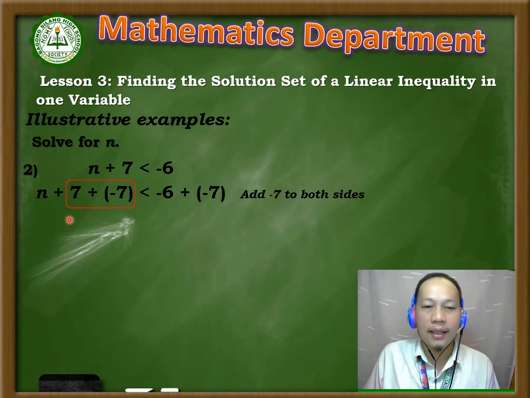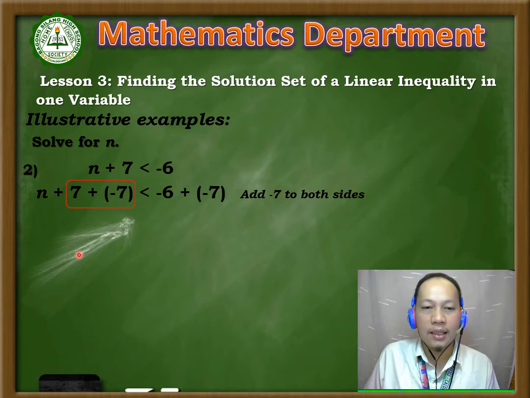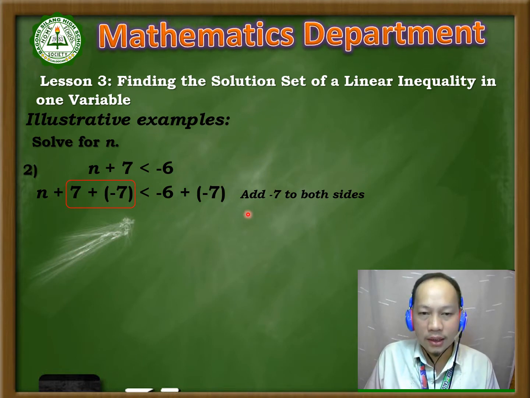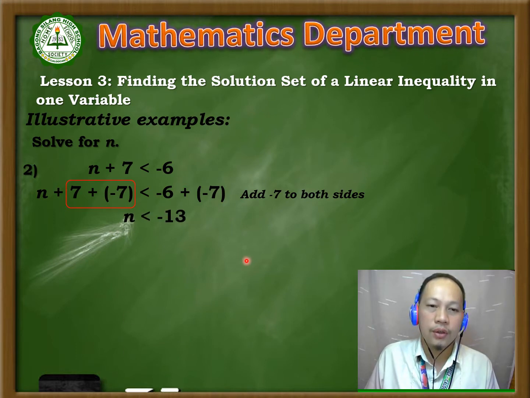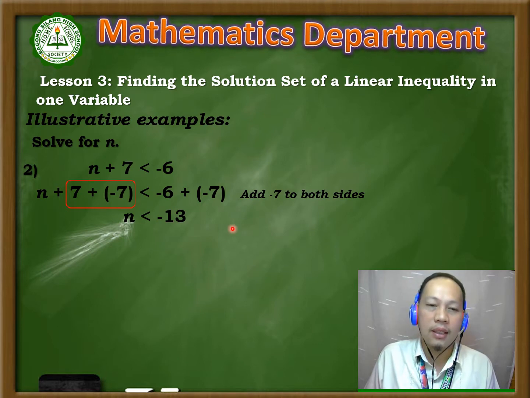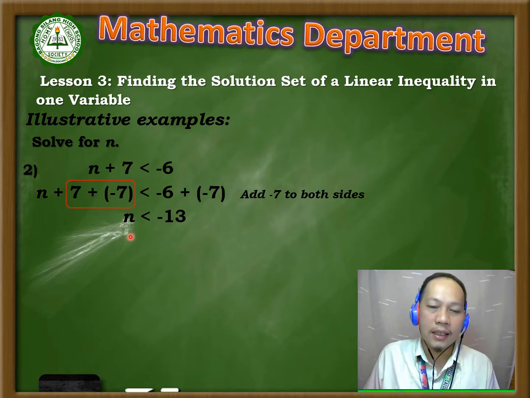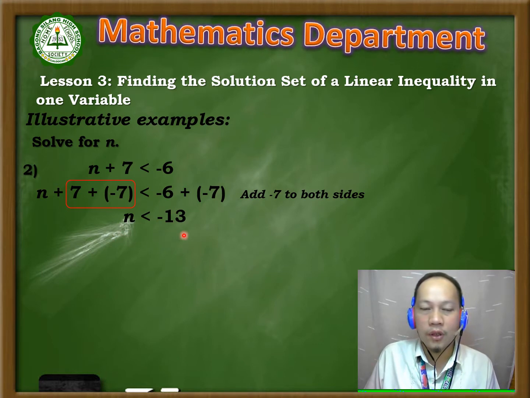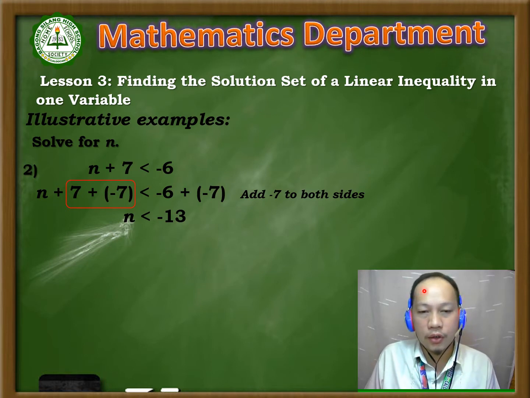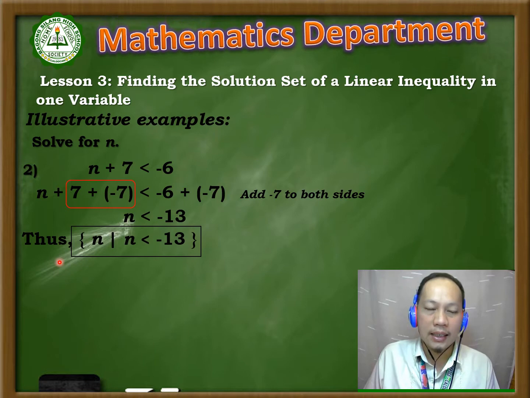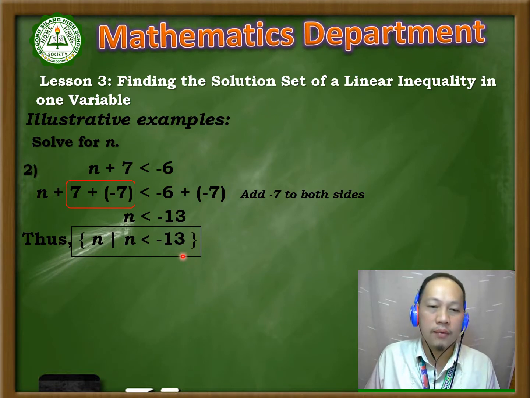But 7 and negative 7, once we get the sum, the result will be 0. And on the other side, taking the sum of negative 6 and negative 7 will result to negative 13. And therefore, n is lesser than negative 13. And in set builder notation, n such that n is lesser than negative 13.